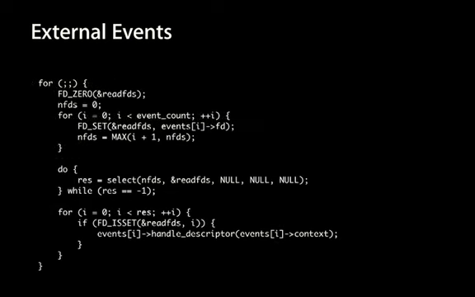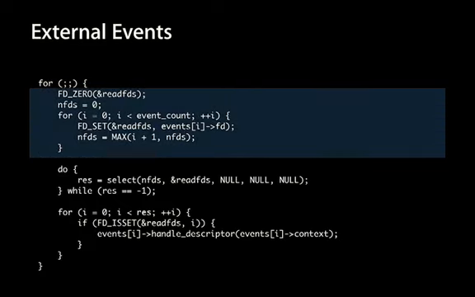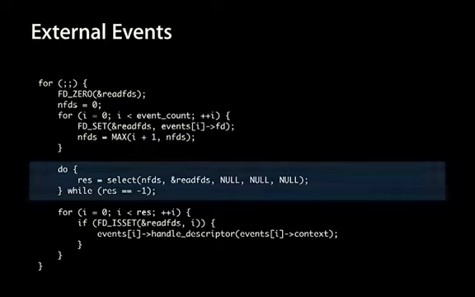Again, instead of a condition variable, you might see something like this on a thread. It's going to be an infinite for loop. You're going to set up some bookkeeping to deal with just getting data into the kernel for what events you want to find out. In this case, for select, we need to iterate some kind of event data structure, get the descriptors we're interested in, add them to an FD set, and then finally pass it into select, all the while dealing with signals that might come in and redriving the select.